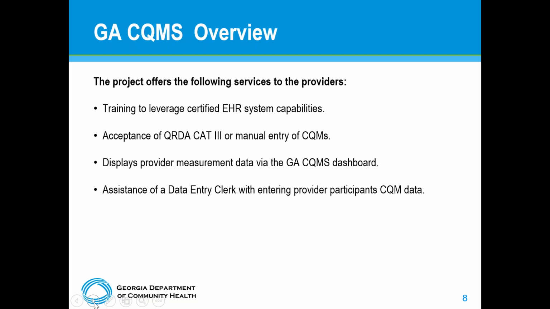And we want to work with your EHR, or sometimes it's called EMR, to pull in the information, the CQMs, and that would allow you to use the system electronically, if you will, to bring the data into the GA-CQMS. We also accept the QRDA Cat 3, or there is a manual entry scenario for the CQMs if there seems to be some issue of sending the file electronically to the system. We also have the ability to do manual entry.